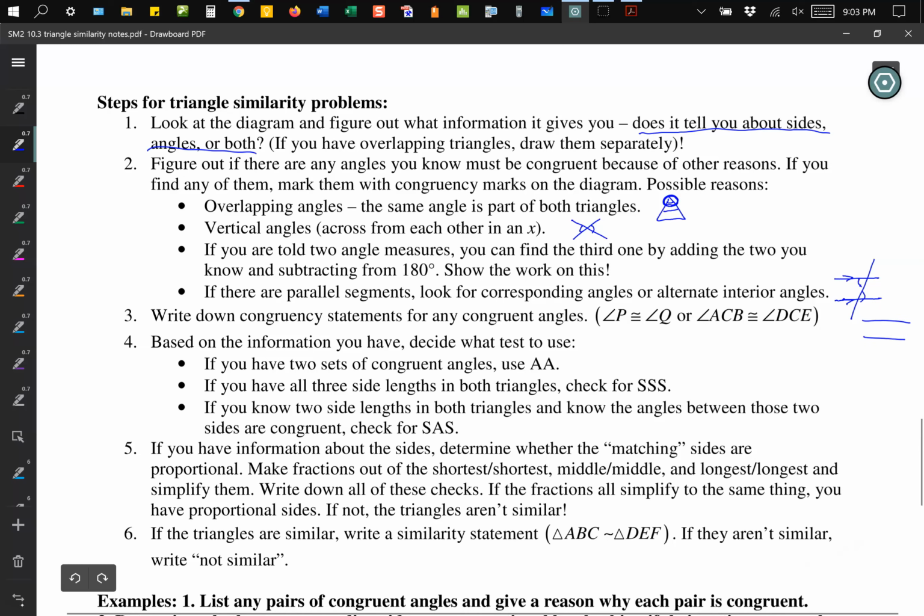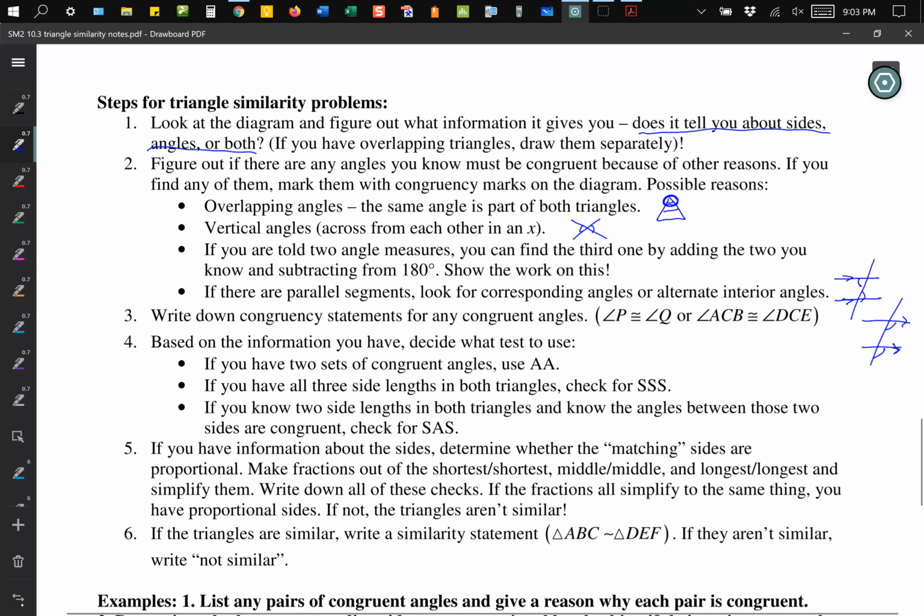Or if you have this angle and this angle, those are congruent. Those are called corresponding angles.